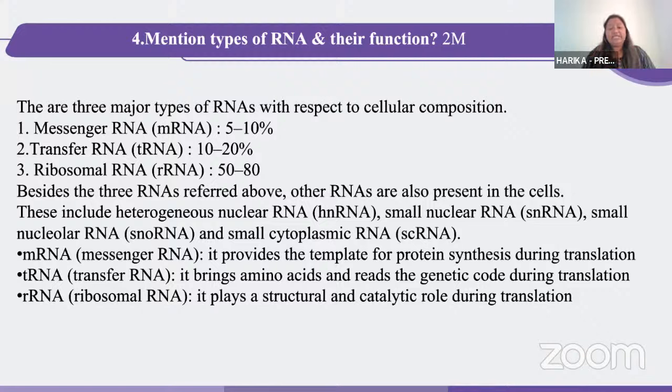Besides these three, there are additional RNAs present in our cells: heterogeneous nuclear RNA, known as hnRNA, small nuclear RNA, snRNA, and small cytoplasmic RNA, which is scRNA. See the difference between small nuclear RNA and nuclear RNA.